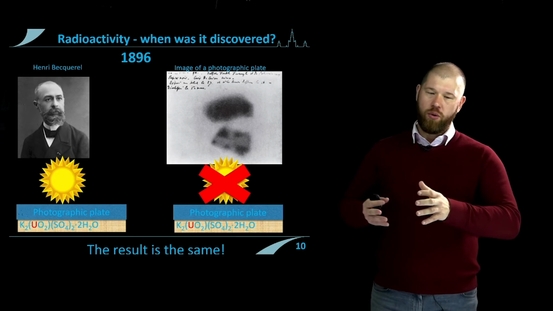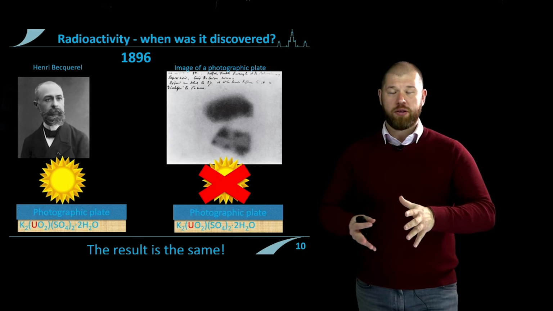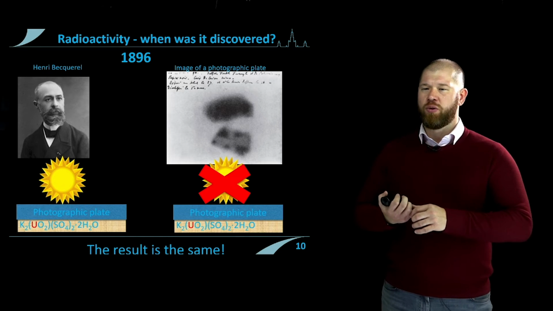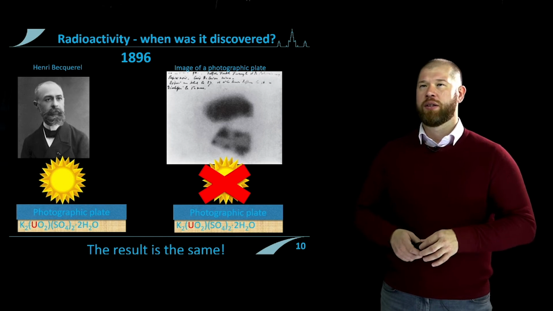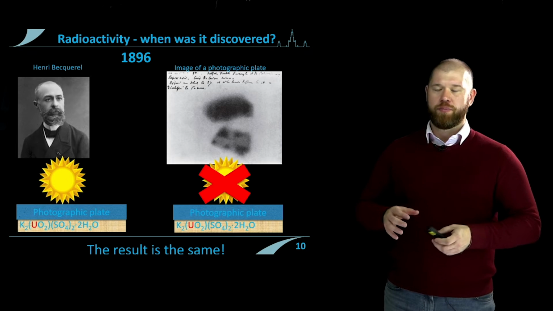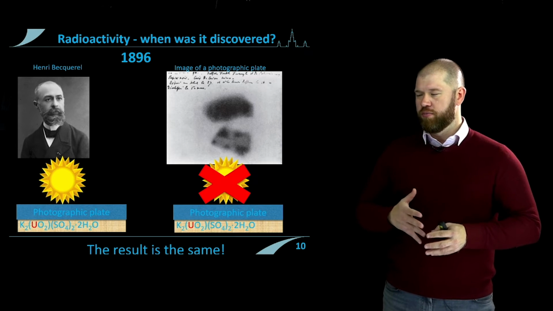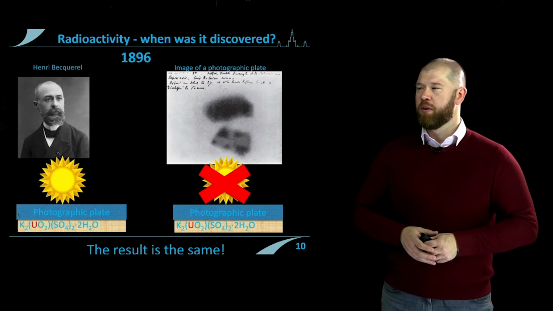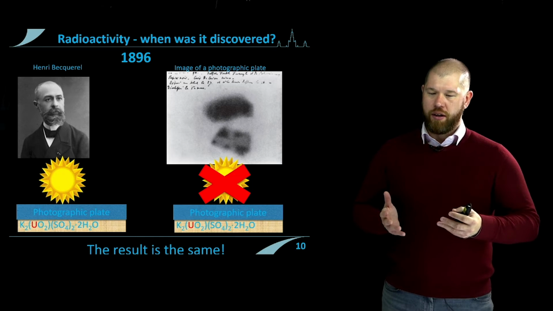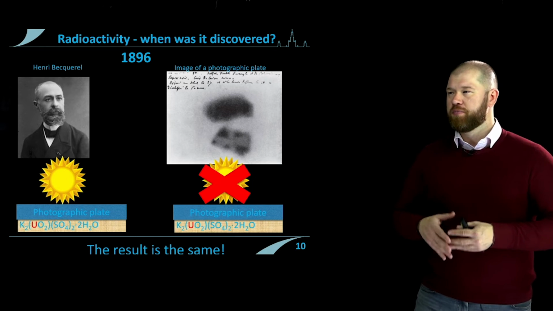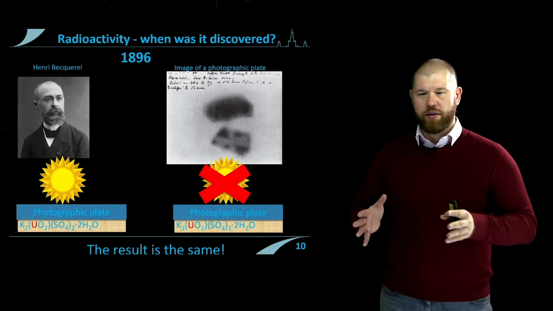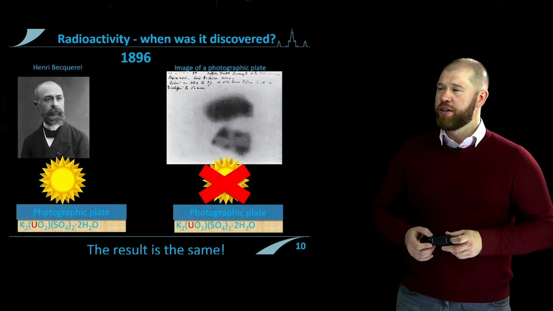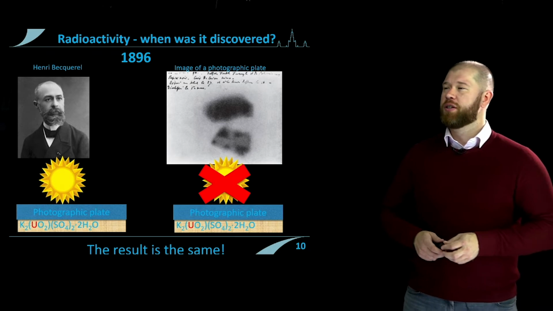So there were a lot of different experiments with uranium salts, depending on the composition of the salts, the intensity of the sunlight, the action of pressure and many other parameters, temperature, for example. And the observation was that independent of these parameters, these unknown rays are emitted. It was the first observation.